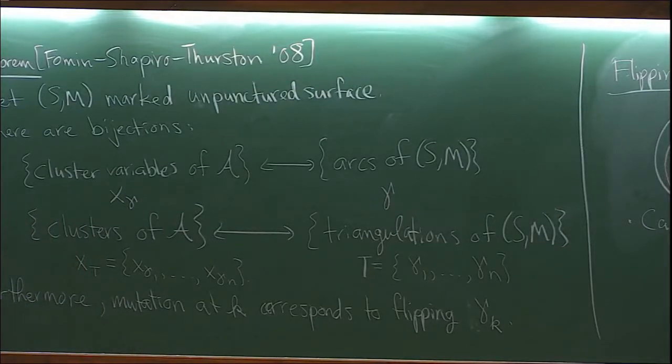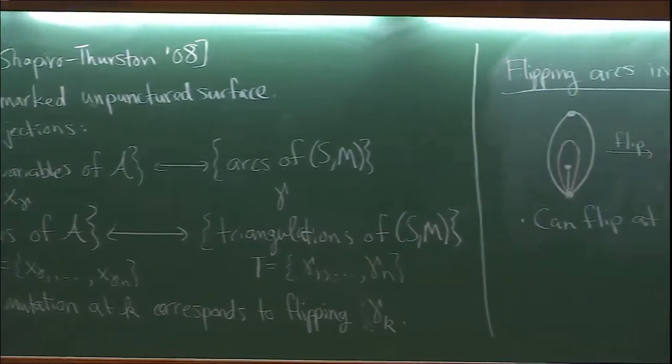So let me try to flip now. I said that I couldn't flip this radius before. So I'll show you now how to flip the radius. I'm going to now flip the radius, and what I get is this picture. This one still remains.